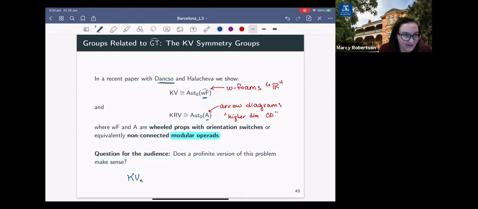They do something called circuit algebras, which turn out to be like these wheeled props or modular operads, depending on some orientation thing. So that came from that connection. But as far as these higher genus KVs, I haven't been able to sort out how to deal with those surfaces with the curves, and I don't know.